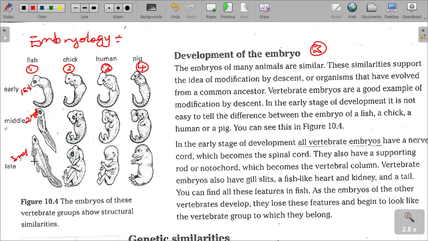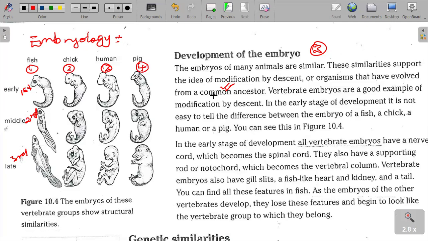These similarities support the idea of modification by descent, or organisms that have evolved from a common ancestor. When we look at these young ones, they can explain that these organisms have evolved from a common ancestor class. The similarity is justified by similar structures existing there.